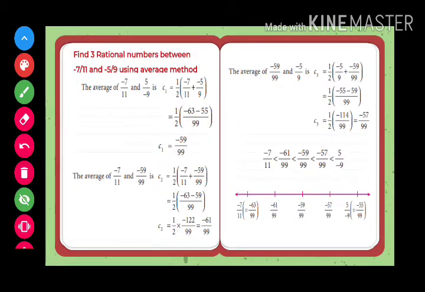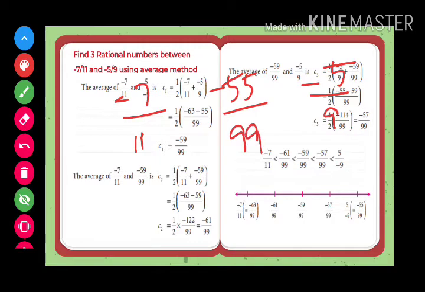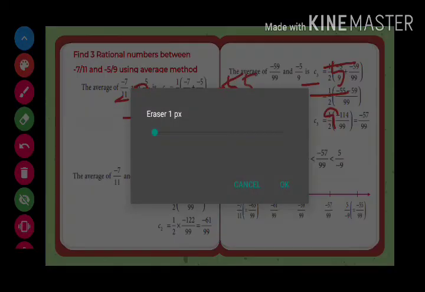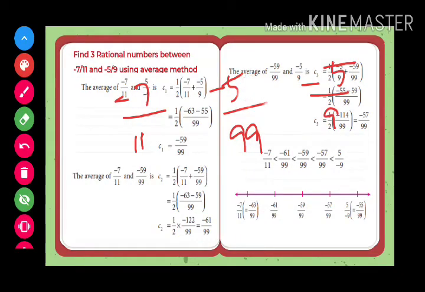See, we started with minus 7 by 11 and minus 5 by 9. The number we found in the middle is minus 59 by 99.